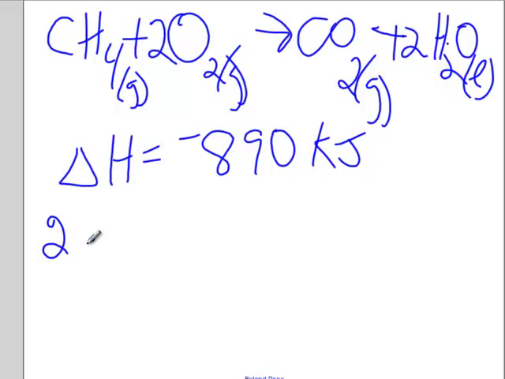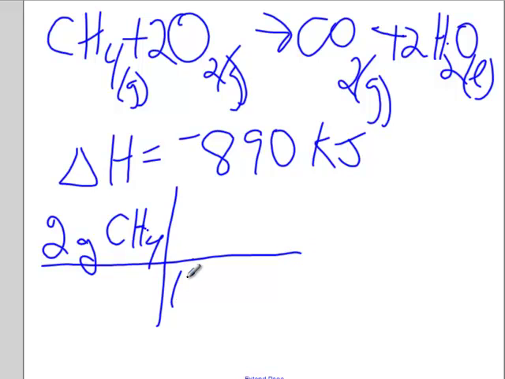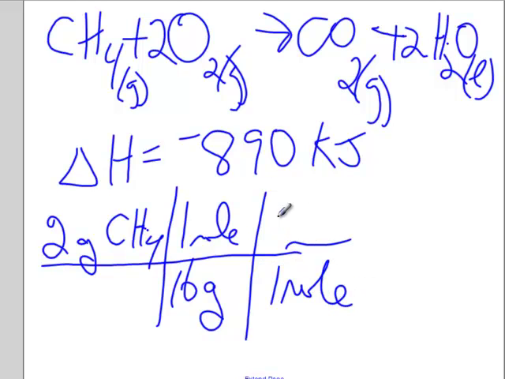I could say 2 grams of methane, turn grams into moles, methane 16 grams in 1 mole, and I know that for every 1 mole of methane, it's negative 890 kilojoules of heat that's being given off, and I could do the math and figure out what that was. So this kind of lovely stoichiometry is very, very useful in these kinds of problems.